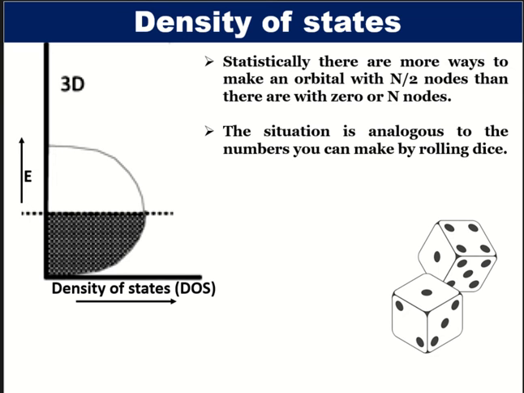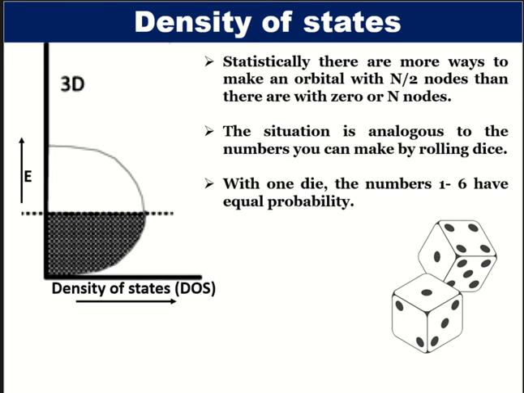So this is like if you roll up 2 dice together, it is 6 plus 6, 2 sixes or 2 ones is the most difficult to get, but the middle numbers are the easiest to get. In 3-dimensional space it is almost like this: when you have so many options, you will find that getting 2 sixes or 2 ones with the 2 dice has very low probability, but getting any other number, like if you choose number 5, 2 plus 3, 3 plus 2, 4 plus 1, the combinations that you can work out are more.